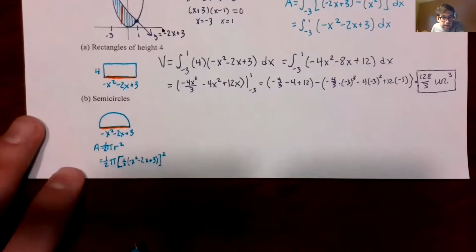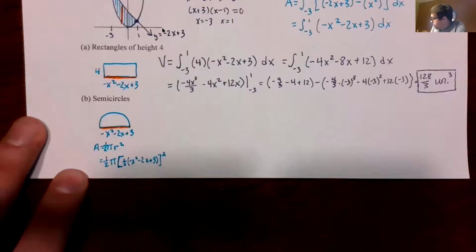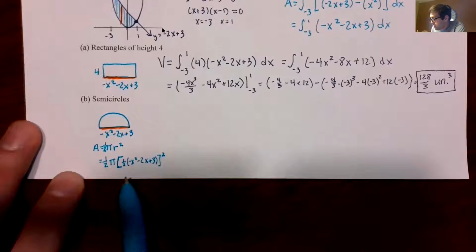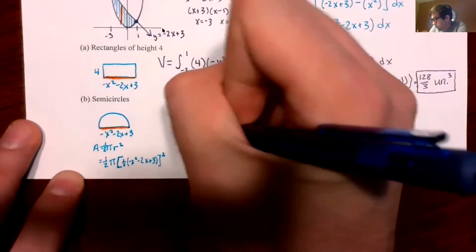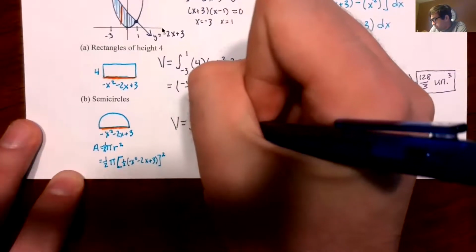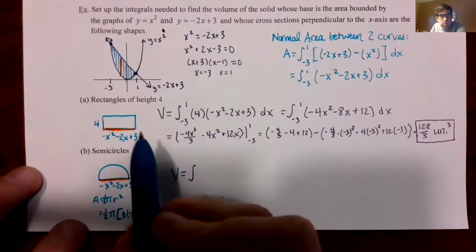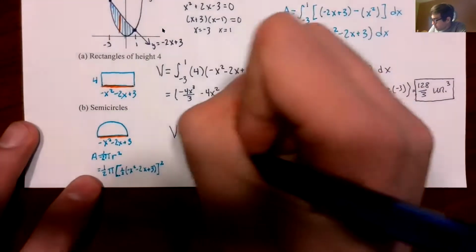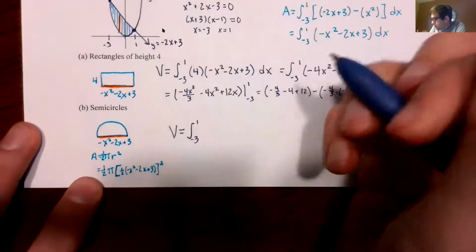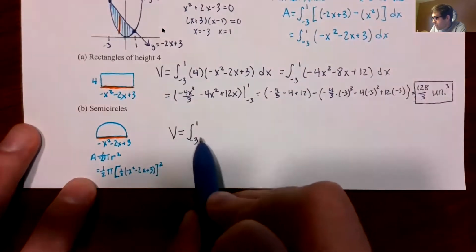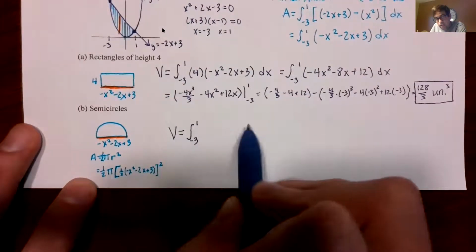There you can see that. We could distribute that if we wanted. For this specific question, it gets a little bit complicated, so I am just going to do this in the calculator. But let's write out the volume formula first. So our volume is going to be, once again, we're using the same shape, so it's still going to be from -3 to 1. This time, we want the area of one slice to go in the integral.